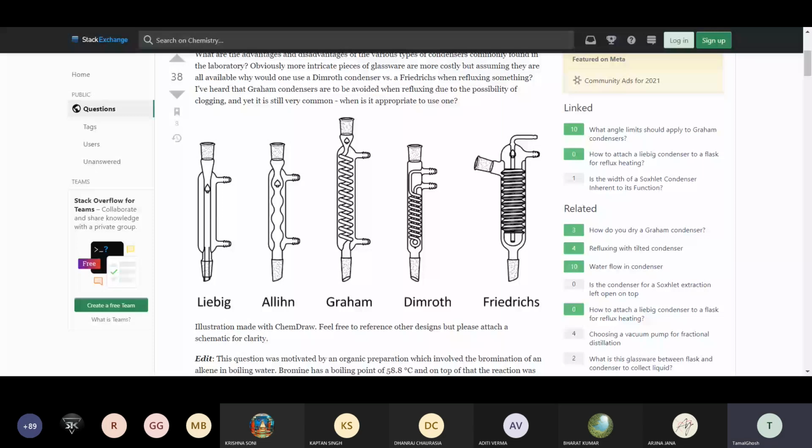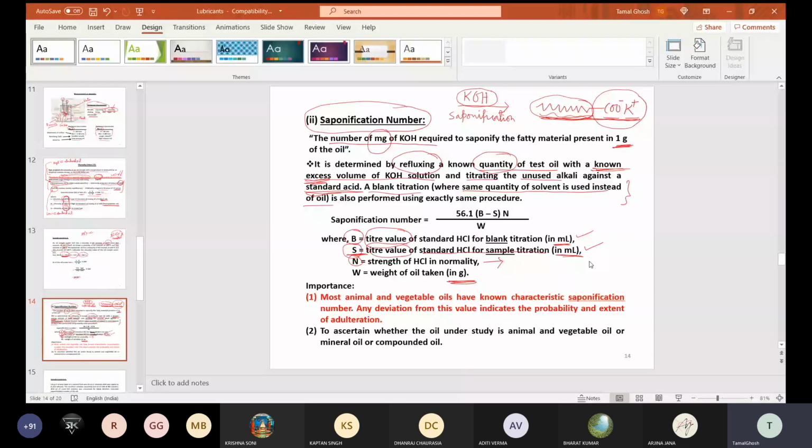And W is the weight of the oil in gram units. So if you substitute as per whatever units I have written here, you will get the saponification number as per the definition. That is the number of milligrams of KOH required to saponify the fatty material present in 1 gram of the oil.